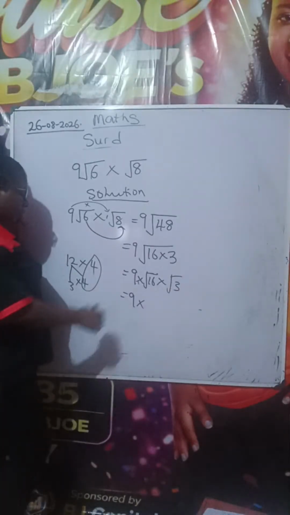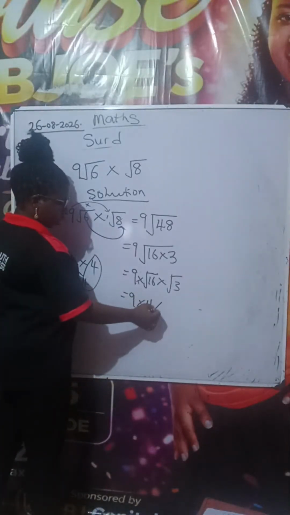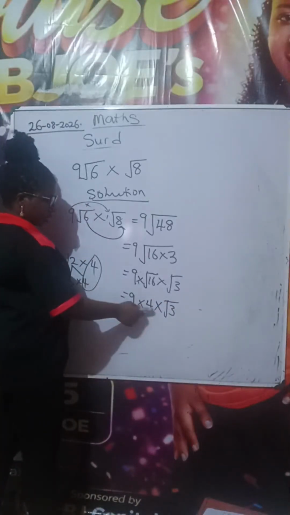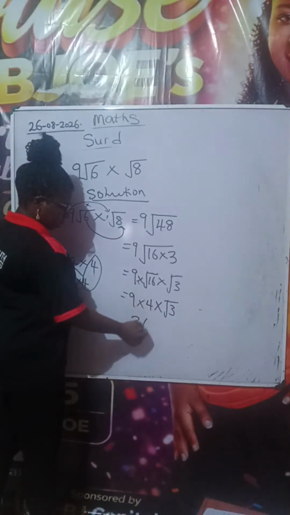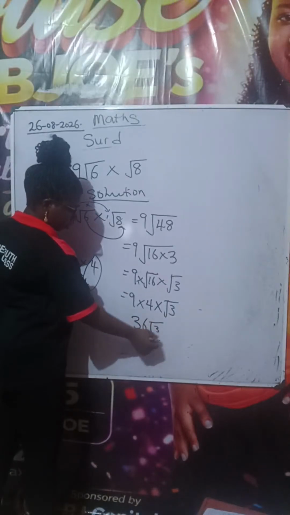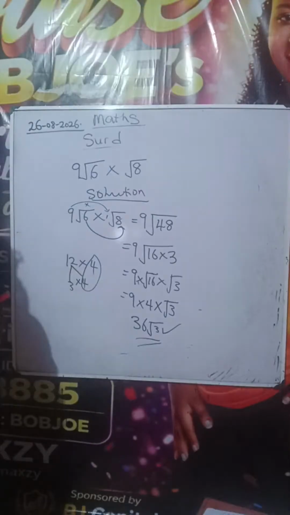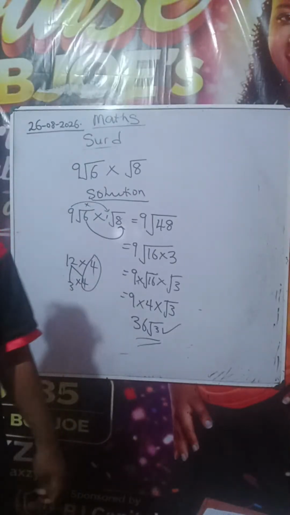The square root of 16 is 4, times root 3. So we have 9 times 4 will give you 36, then root 3. And this is the lowest. So did you get it? Did you understand it?